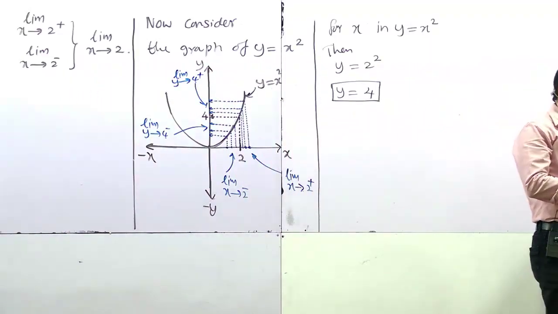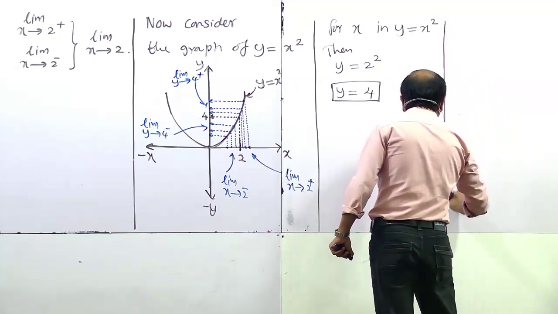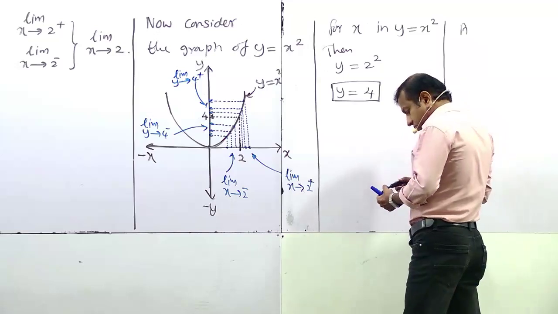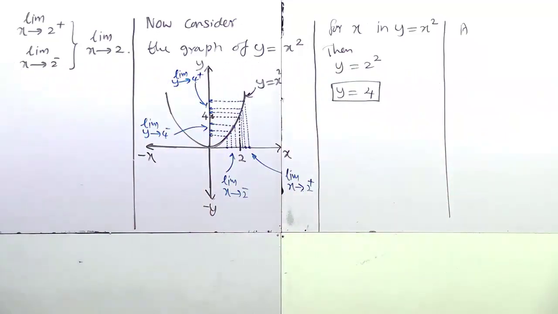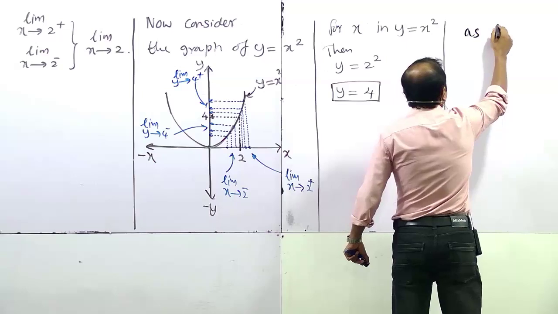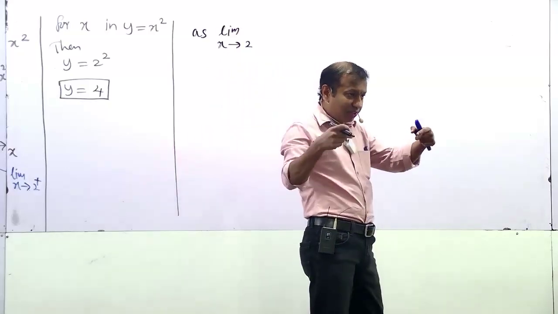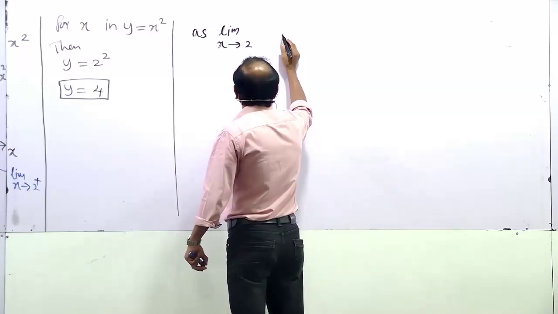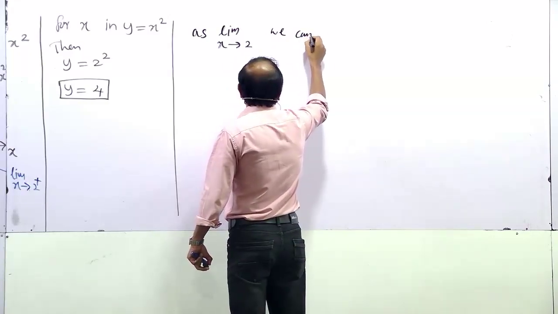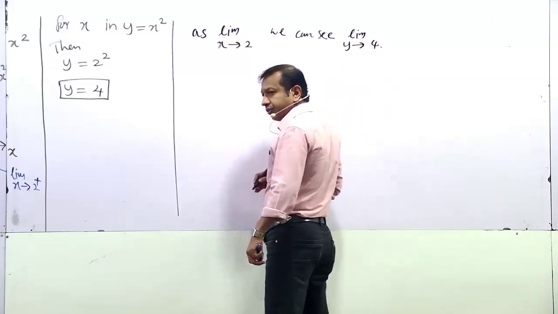By the diagram, as limit x approaches 2, this means x coming to 2 from both ends, we can see limit y approaches 4.